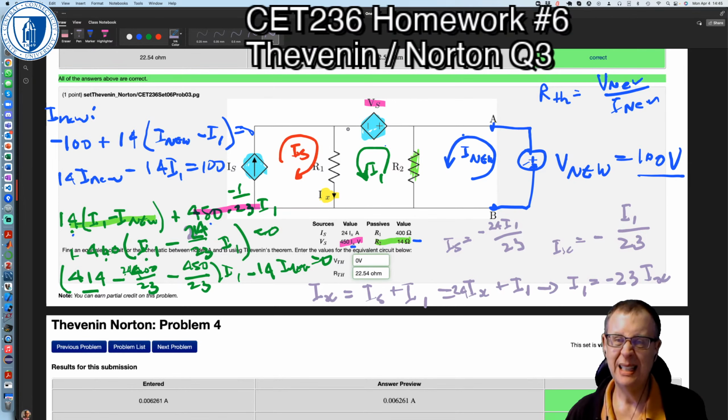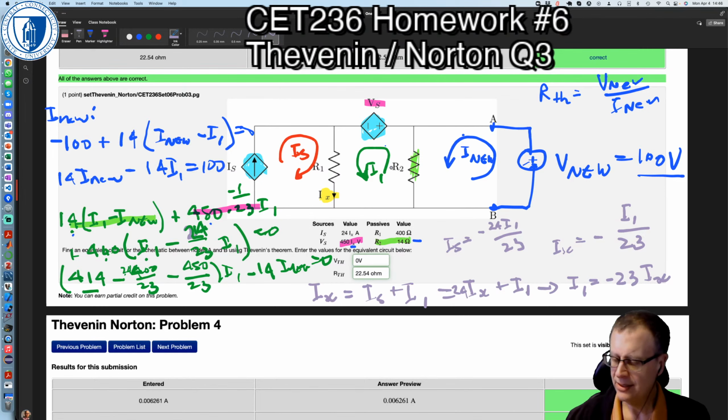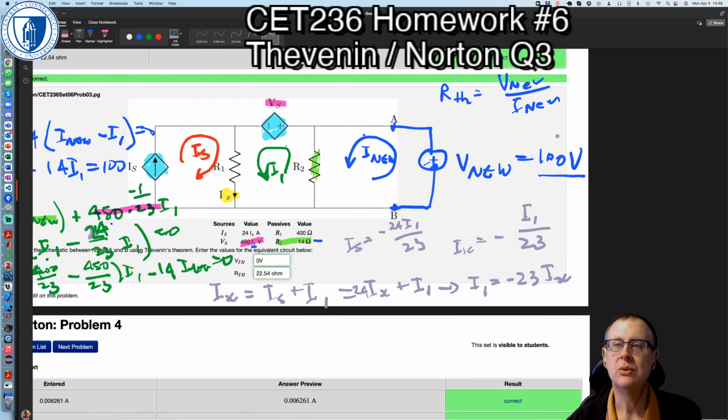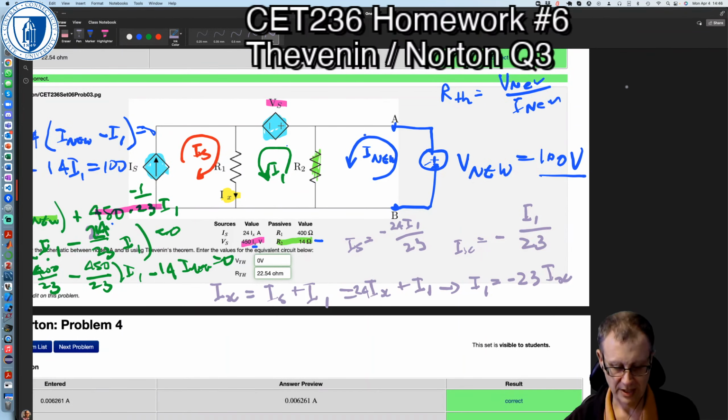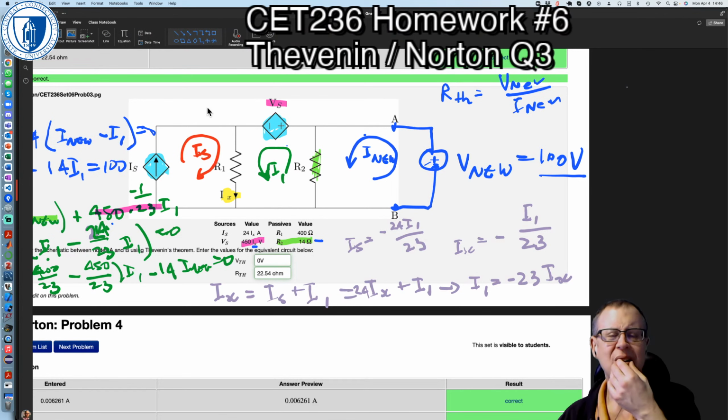So we have to also find the VTH, and the VTH is nothing more than looking at the open circuit voltage for the same circuit. Right, so I've drawn all over this, so let's see if we can't go over here and insert the same picture.